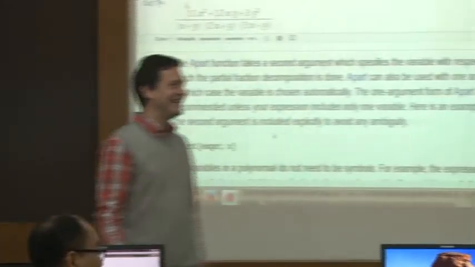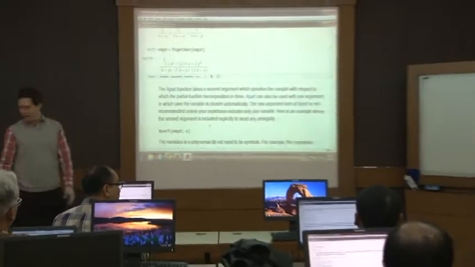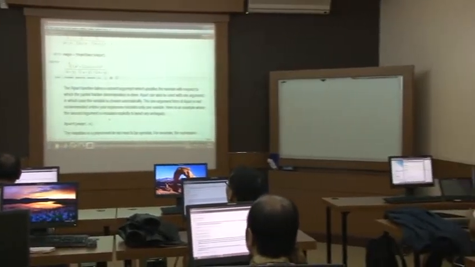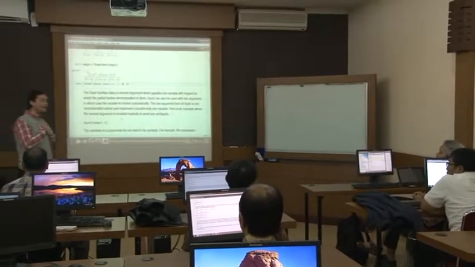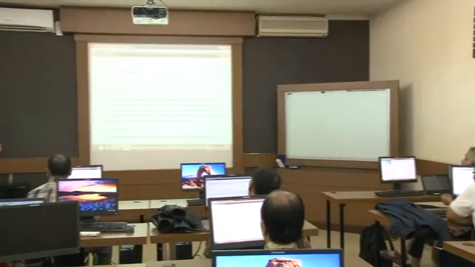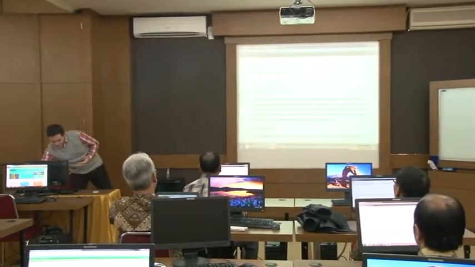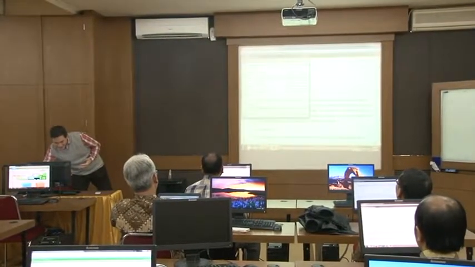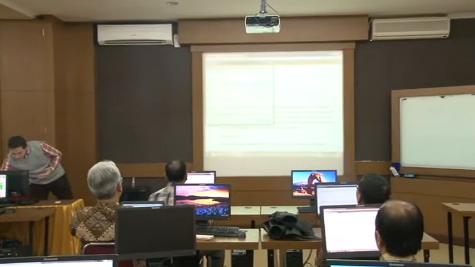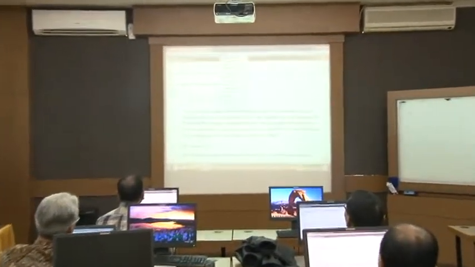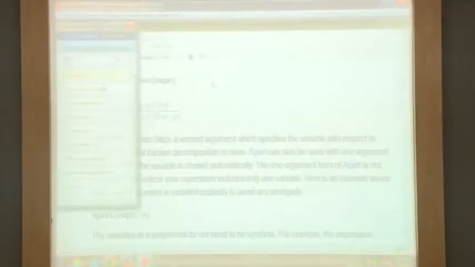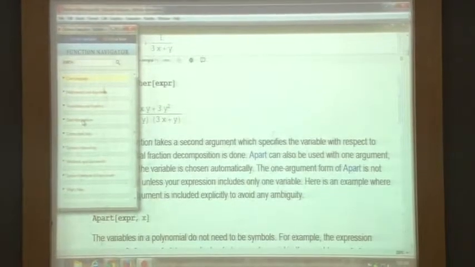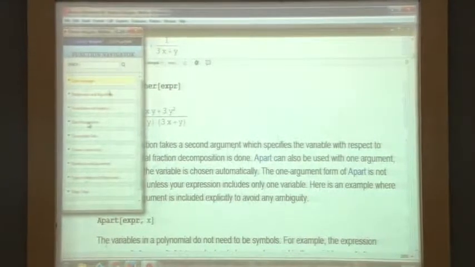Don't worry. Yes. Is there a mind map so that we can easily find which command goes where? Oh yes, a mind map, of these commands. As far as I know, there is no mind map. But the good thing about the help file, when you look at the function here, is you have something called the function navigator, and from here you can choose the area that you're trying to work on.